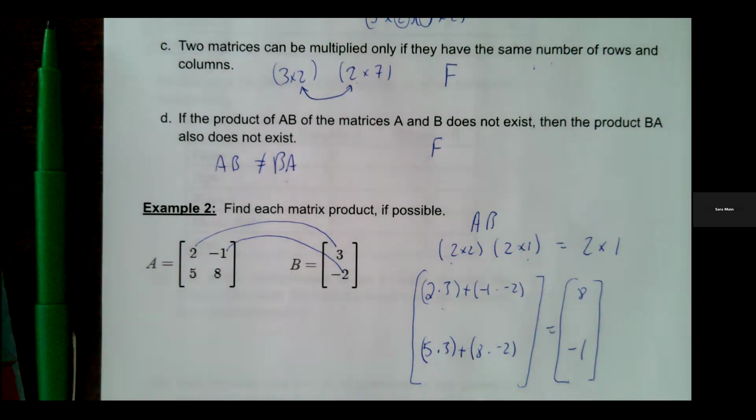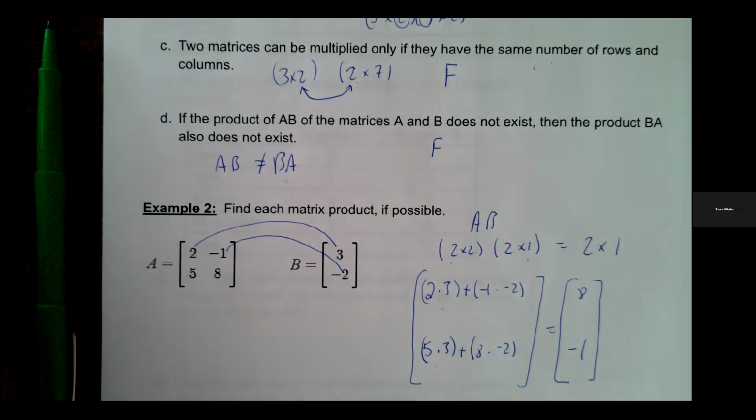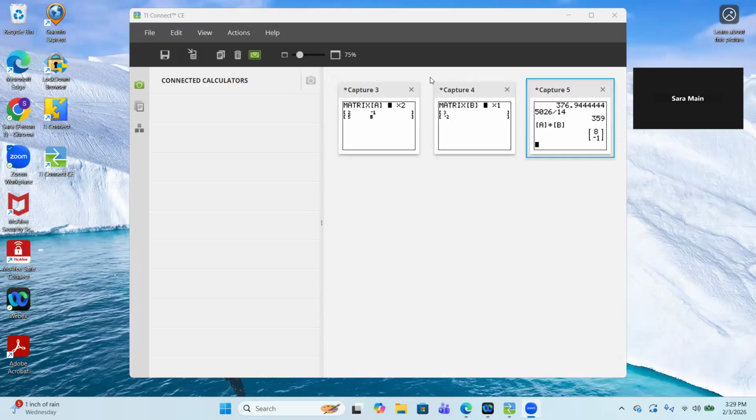Now I want to show you how this is also done on your TI-84. So you can see here, if you go to second and x to the -1 and put in the matrix, you will enter the matrix here in A, and then I enter the second matrix in B, and then you'll do A times B to get that.